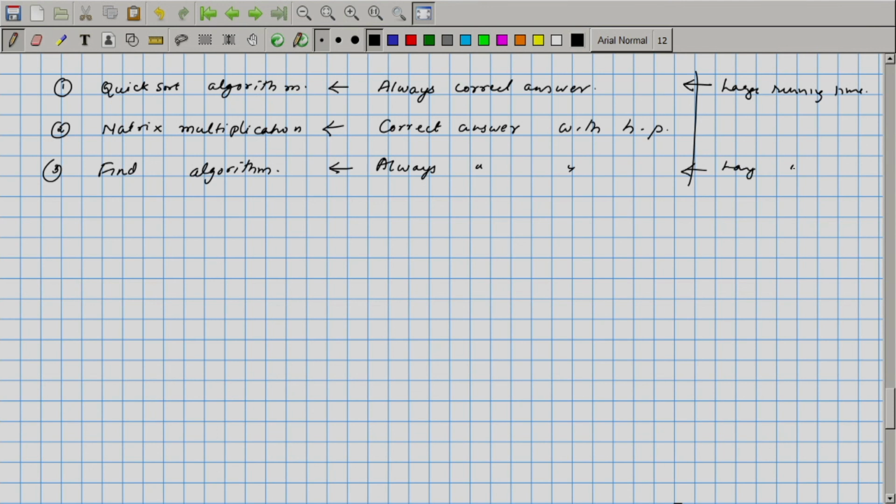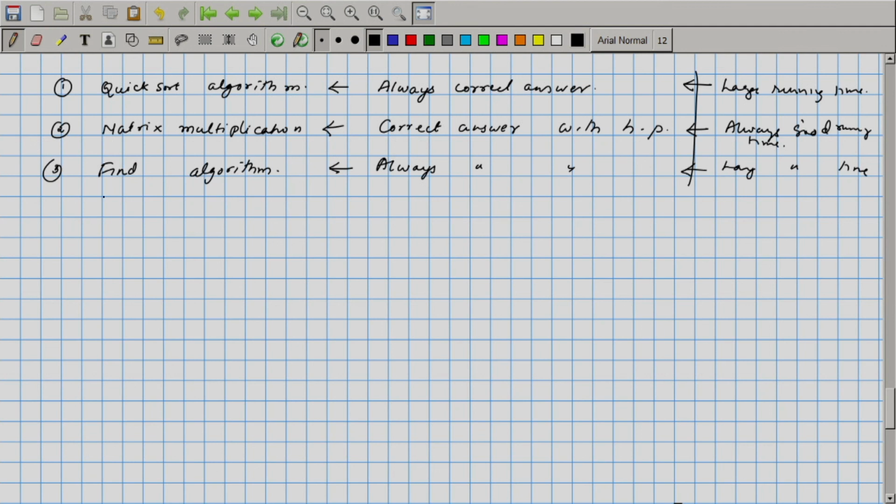So, large running time is a drawback of these algorithms, whereas matrix multiplication was giving the correct answer with high probability, but the running time was always good. In the sense, the algorithm would always run in O(n squared). Okay. So, this basically is the two types of randomized algorithm.